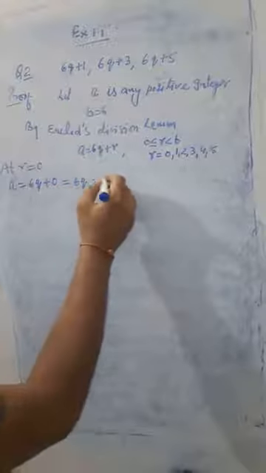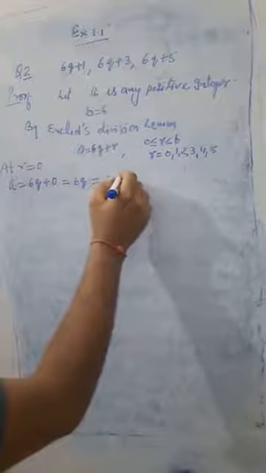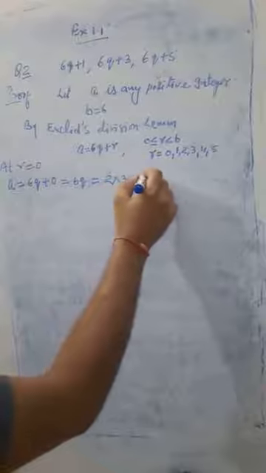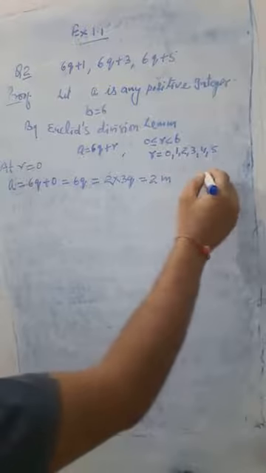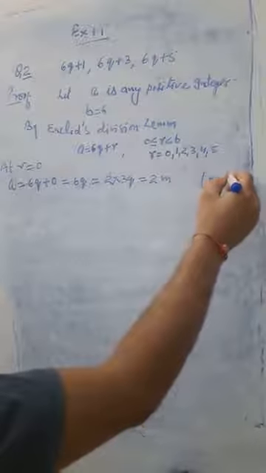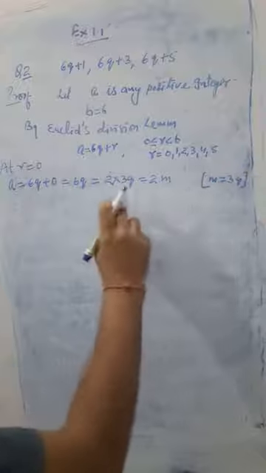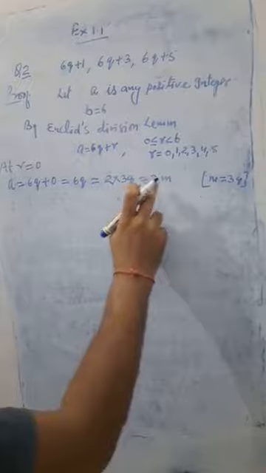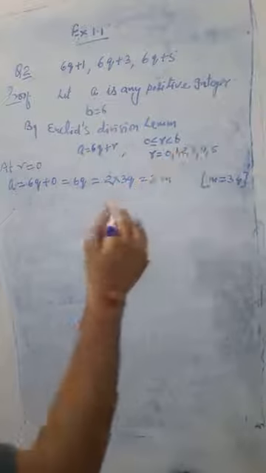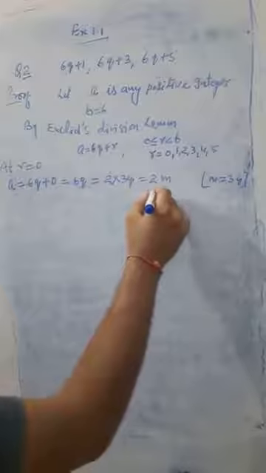We can write 6q as 2 into 3q, that is 2 into m, where m is equal to 3q. So it is an even number. It means that at r is equal to 0, the number is even.